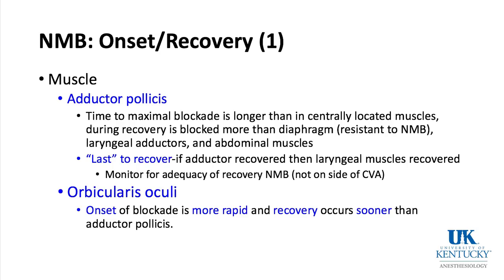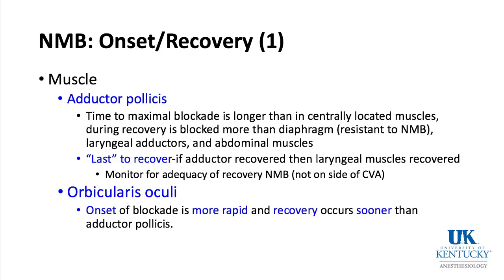The diaphragm tends to be the most resistant to neuromuscular blocking agents, and the last to recover is the adductor pollicis. So if the adductor pollicis has recovered, then we can say the laryngeal muscles are recovered. So for monitoring full reversal and adequacy of recovery, not on the side of a stroke, for example, but on the normal side, we would monitor the adductor pollicis.